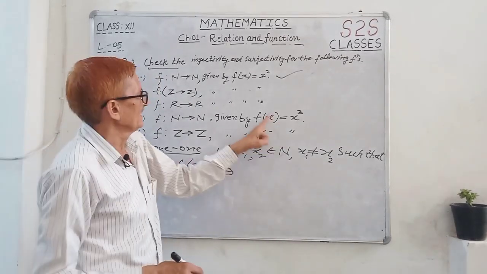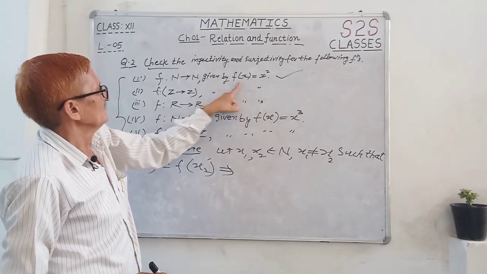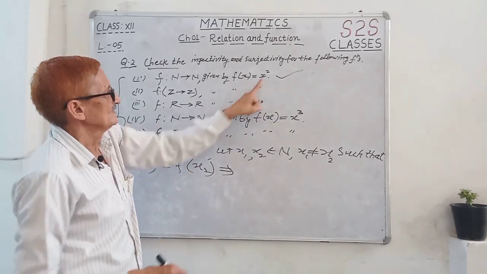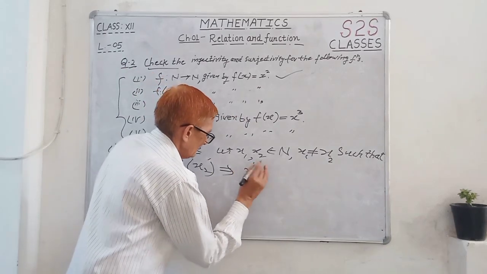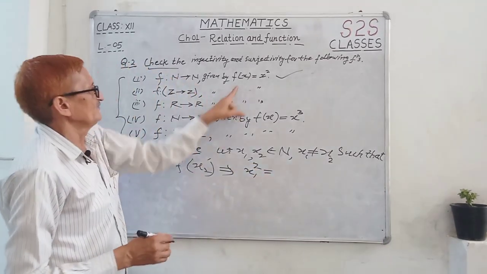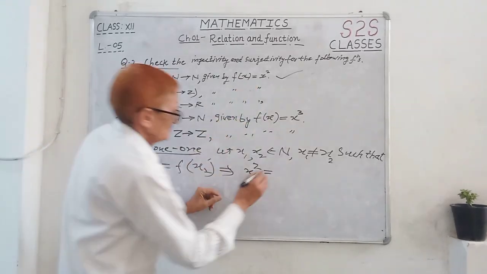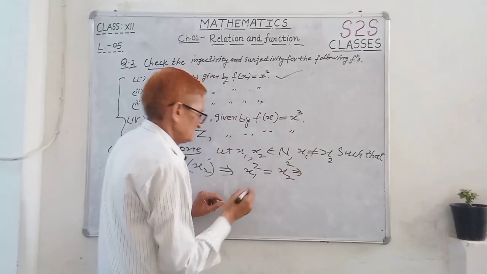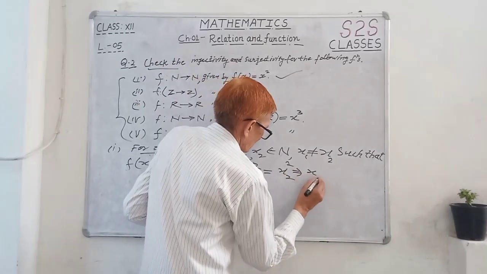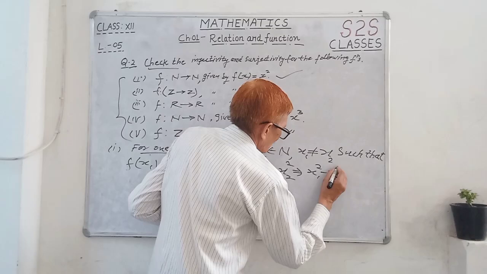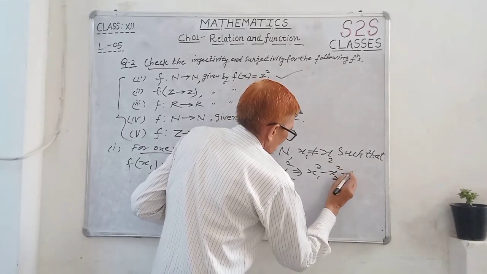f(x1), putting x1 in the first part, f(x) is equal to x square, then f(x1) will be x1 square is equal to f(x2), and the f(x2) value will be x2 square. This implies x1 square minus x2 square is equal to 0.